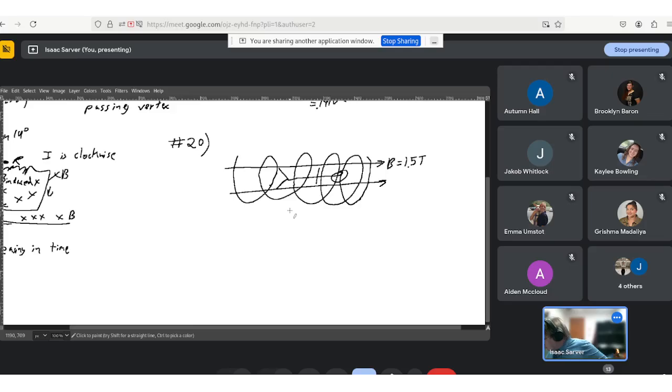Alright. MRI machine is a medical technique for producing pictures of the interior of the body. Patient is placed within a strong magnetic field, which I have drawn here. Our safety concern is what would happen to the charged ions in the body if the equipment fails and the magnetic field is shut off.